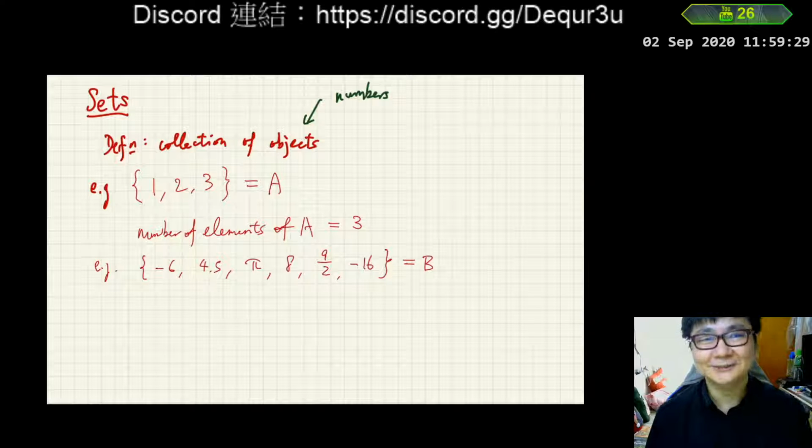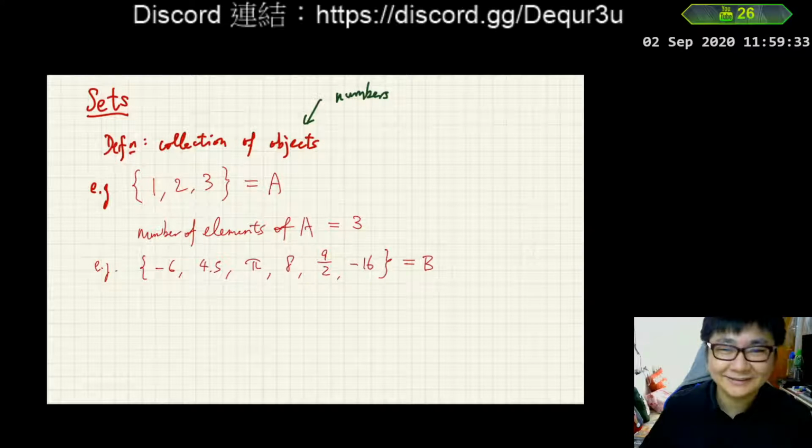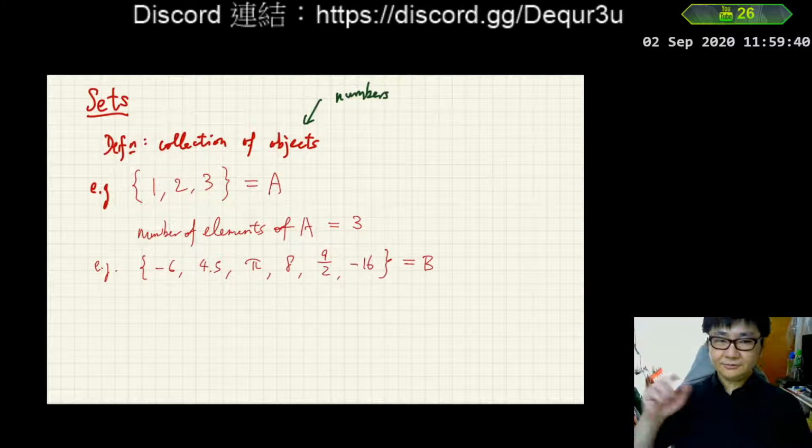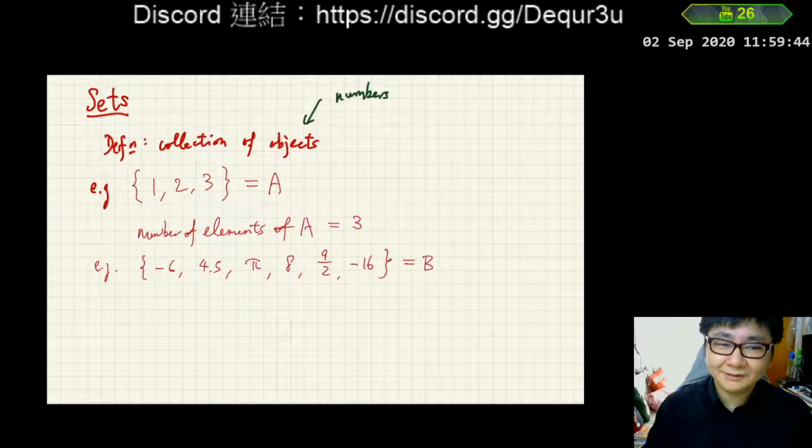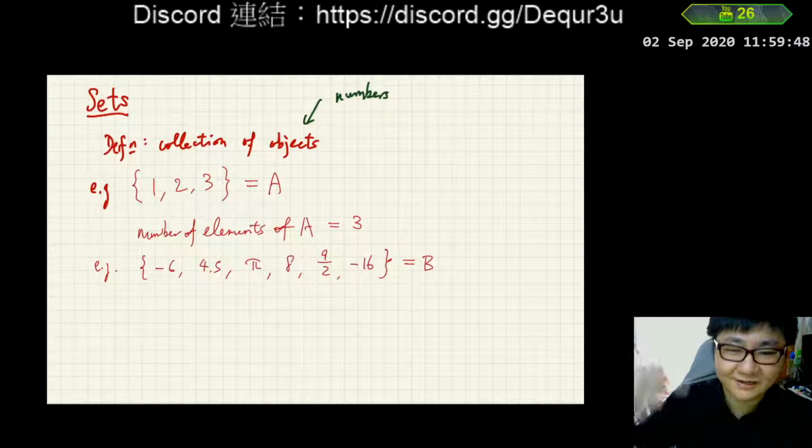Then you better also think really, oh, is it really that answer? Maybe think again. Why is it so? Because I would like you to also see what is the special thing about this, or differences between the set A and the set B.